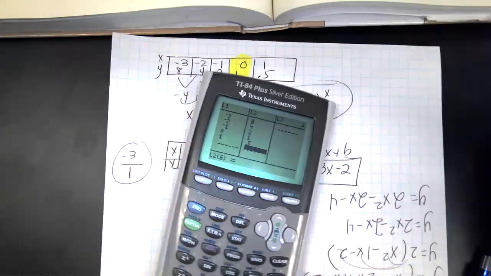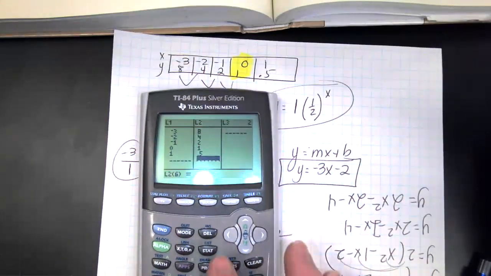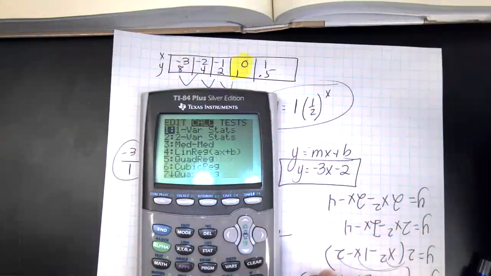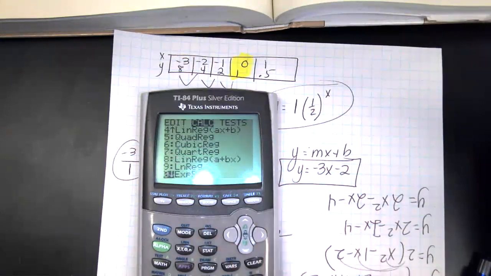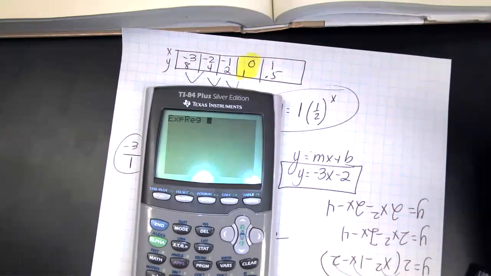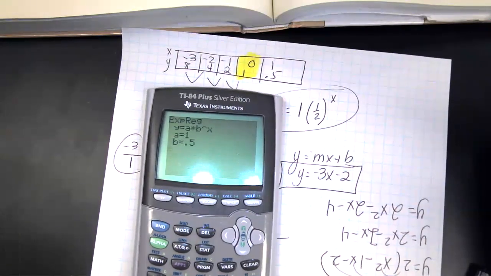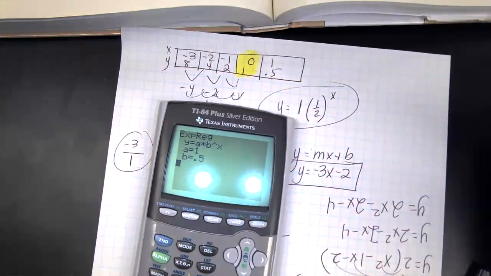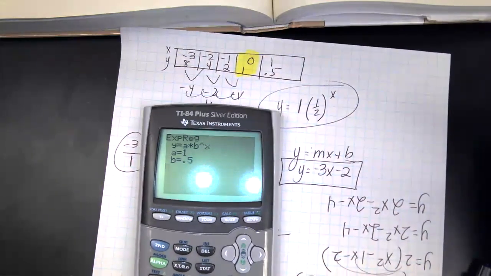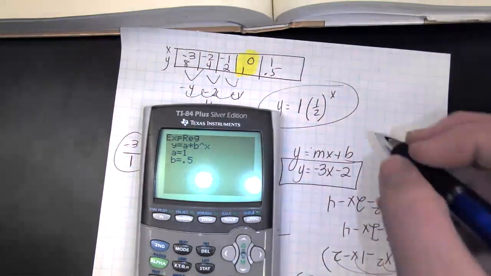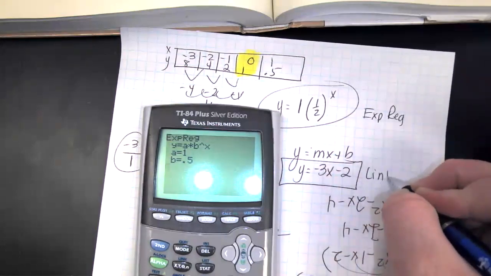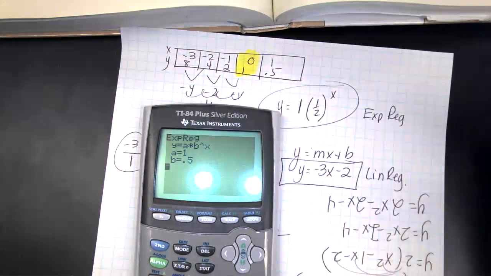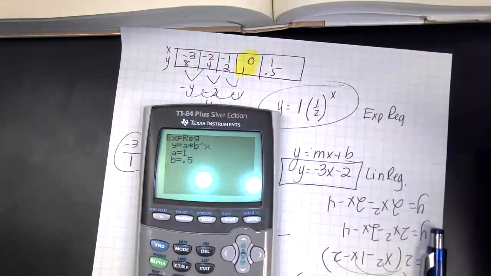So when you go to stat calc, exponential is not exp reg. There we go. It's down there. And there it is. You can do exponential regulation or regression. Okay, so this would be exp reg. This was ln reg. And then quadratic was quadratic regression. Okay, thanks friends.